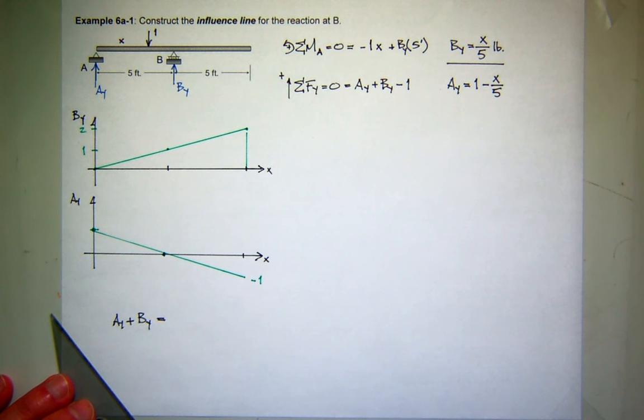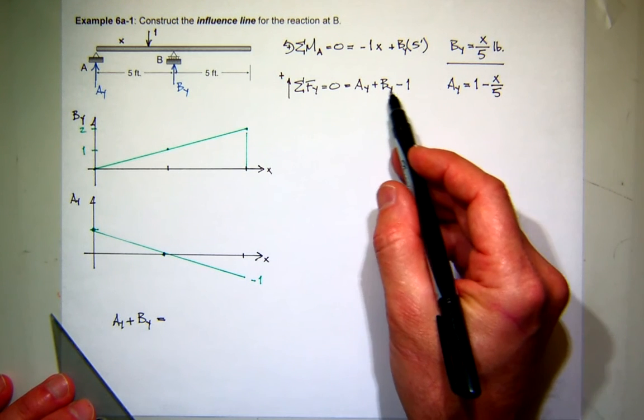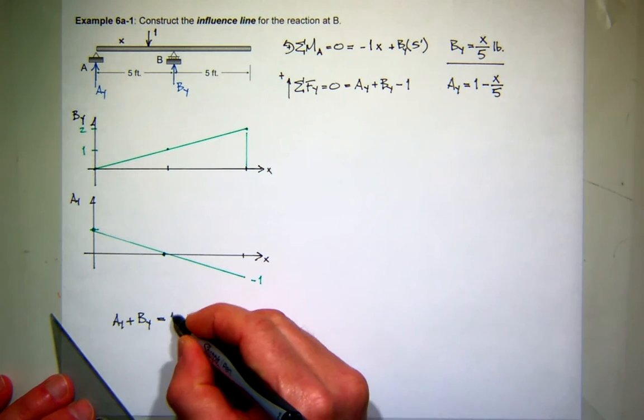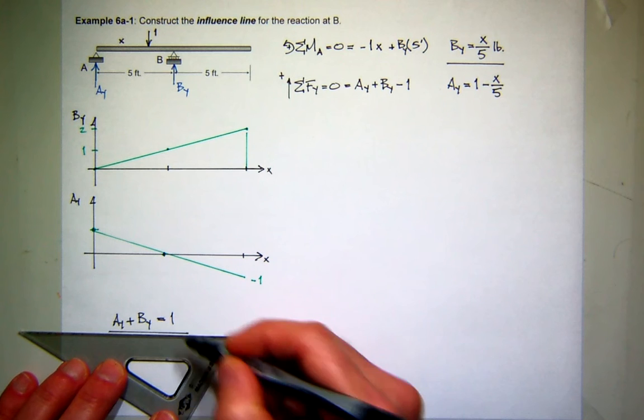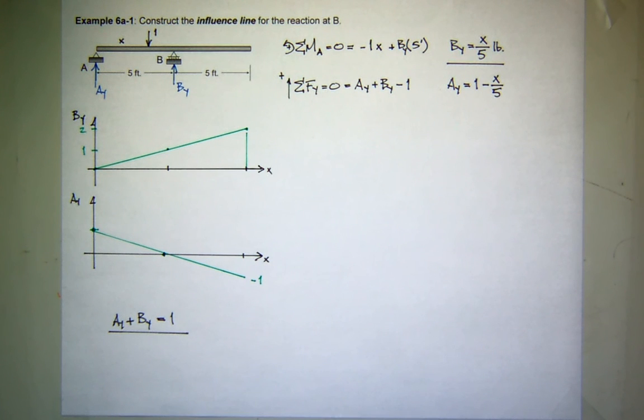At every point, what should the sum of AY plus BY be equal to? 1. Is it? Yes. It is. Any questions about that? Pretty cool, huh?